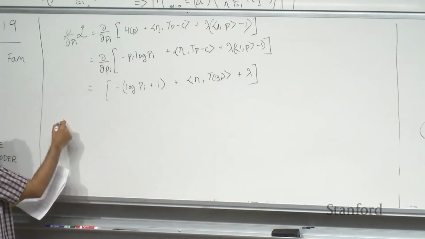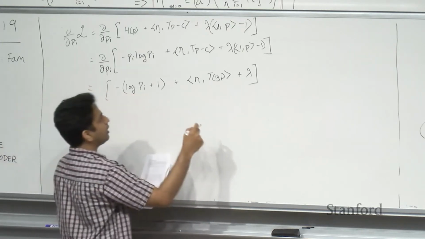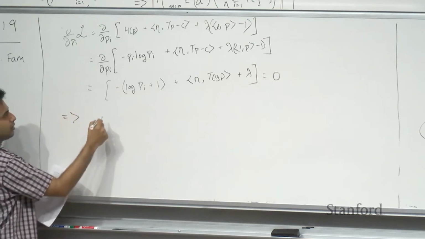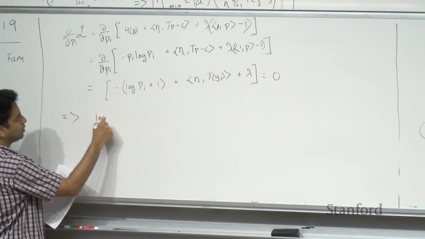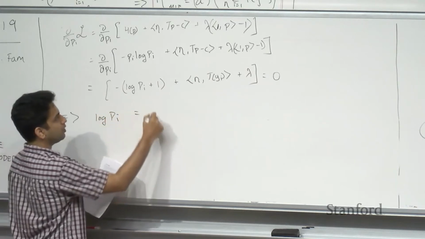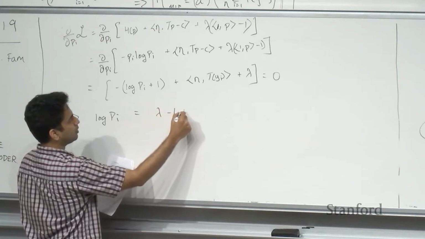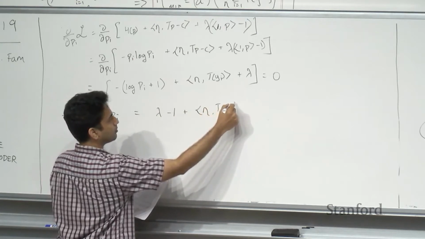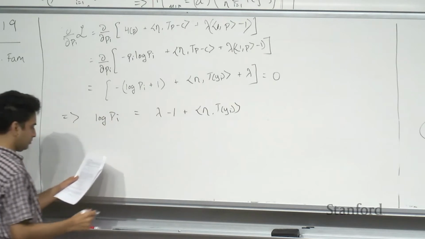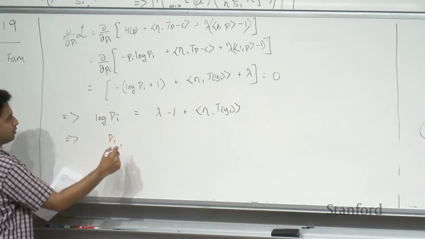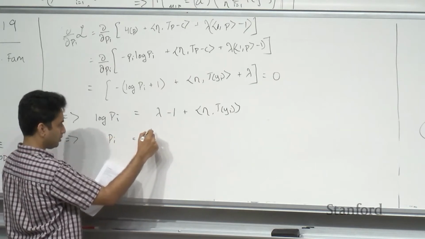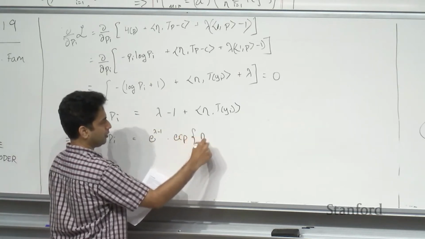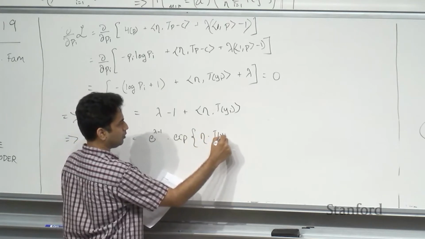And from this we basically get that we want to take this derivative and set it equal to 0, which means log pi is equal to lambda minus 1 plus the inner product of eta with t of yi, and this gives us pi is equal to e to the lambda minus 1 times the exponential of eta dot t of yi.